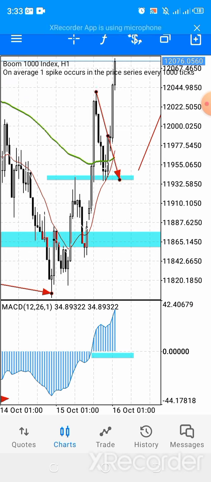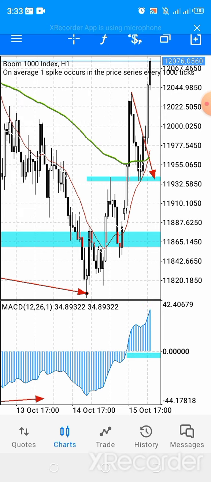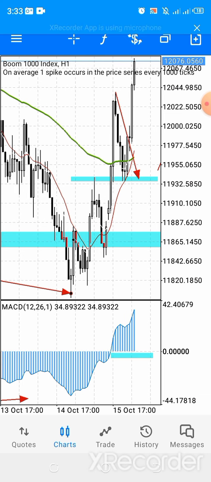And then once price pulls back to that zone and gives me a bullish price action in line with what this MACD is saying to buy, this is when the trade is supposed to be taken. This is where you take your trade.